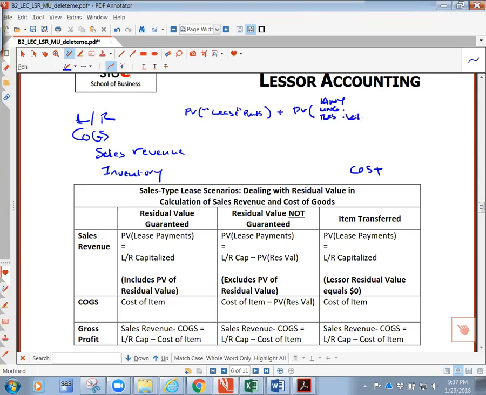Residual value, got to read the hieroglyphics, and that's value if item returned. All right, so you're going to have to look at another lecture for the details there, but just reminding you if you remember. So really, the trick is calculating these two. Once you have your lease receivable, the inventory is not tricky.